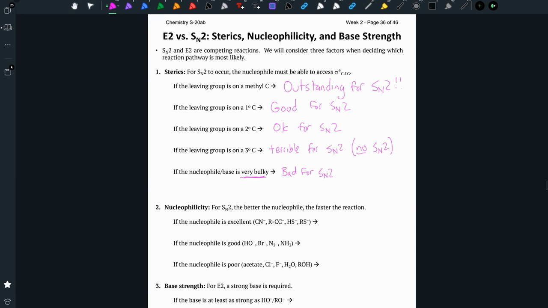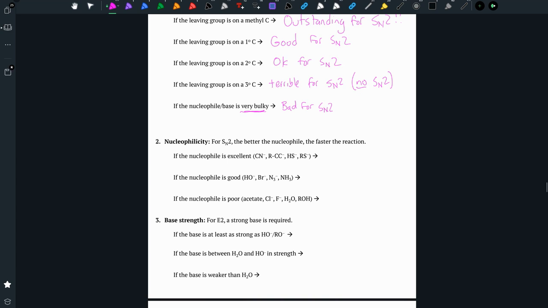So the next factor you're going to consider is what kind of nucleophile do we have? Again, I've given you a list. So if you have one of those excellent nucleophiles, that's going to be great for SN2. If you have one of those good nucleophiles, that'll be good for SN2.